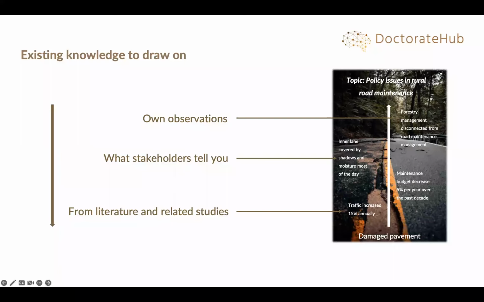So are those parameters connected? This is what your research could be trying to find out, and therefore your topic is policy issues in rural road maintenance. Right? And at the end of your research, you will find out whether or not those 4 factors are connected. It's not that you're working towards a solution, but you want to understand first what is the situation here. And perhaps then your research changes.